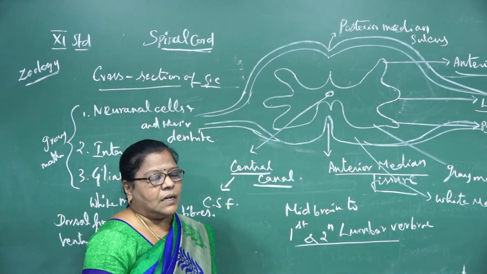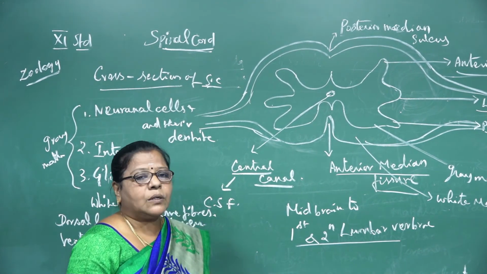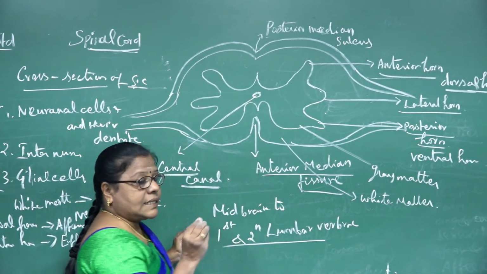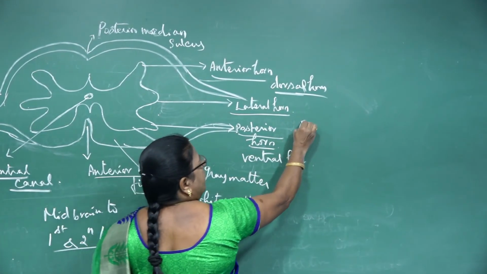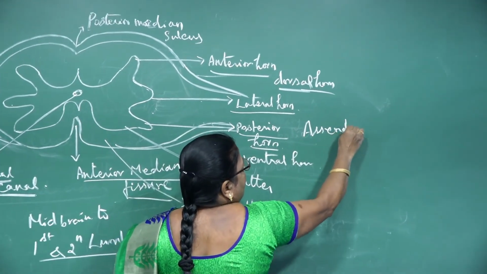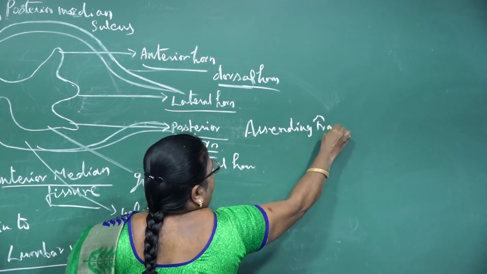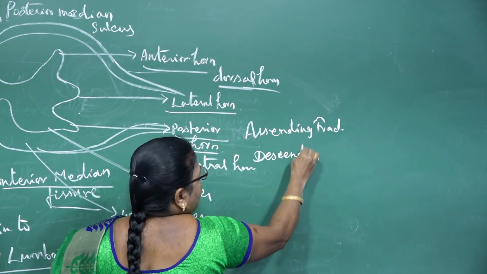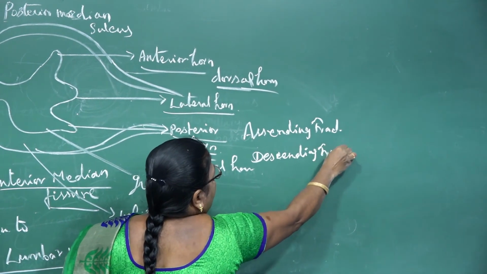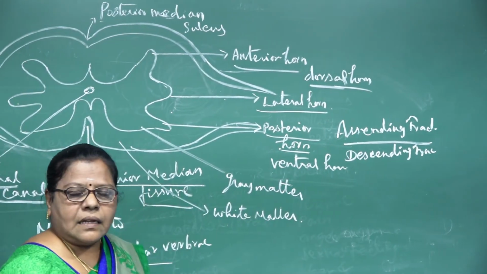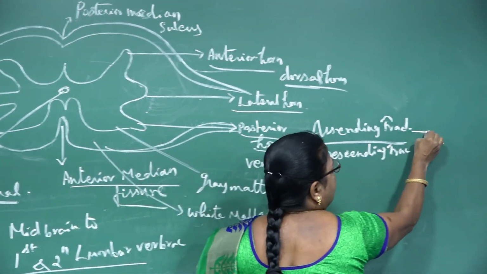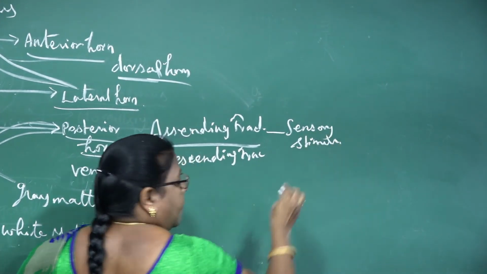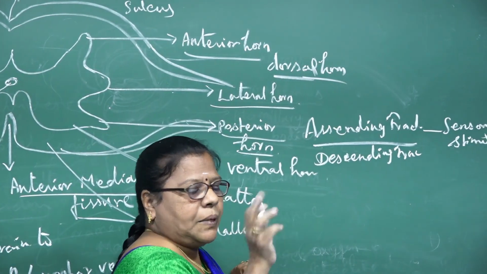Next, white matter. The white matter has two regions. One is the ascending tract, another one is the descending tract. The ascending tract carries the sensory stimulus from the spinal cord to the brain.